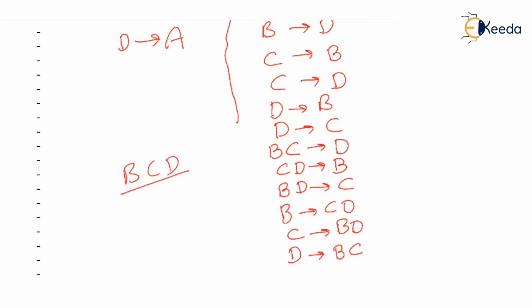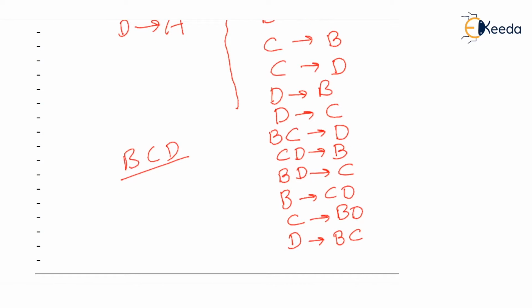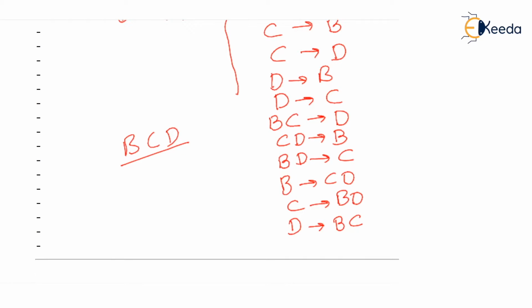Now enough is enough. We can't have three attributes either on left or right. We had one attribute on left and right. We had two attributes on left, but one attribute on right. We had one attribute on left and two attributes on right. But now we can't write something like BCD determines B. This is trivial, because if BCD determines B, then B already determines B, isn't it?